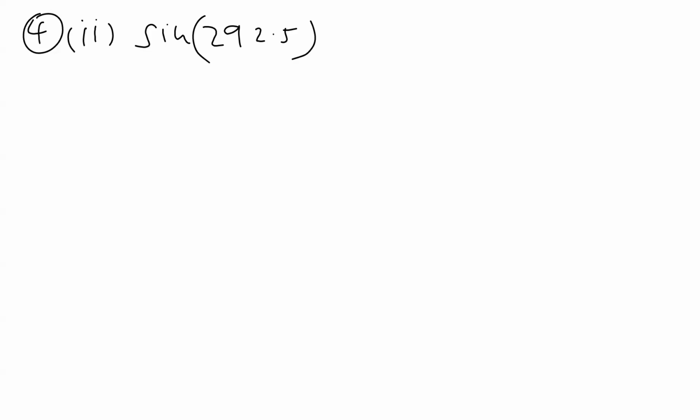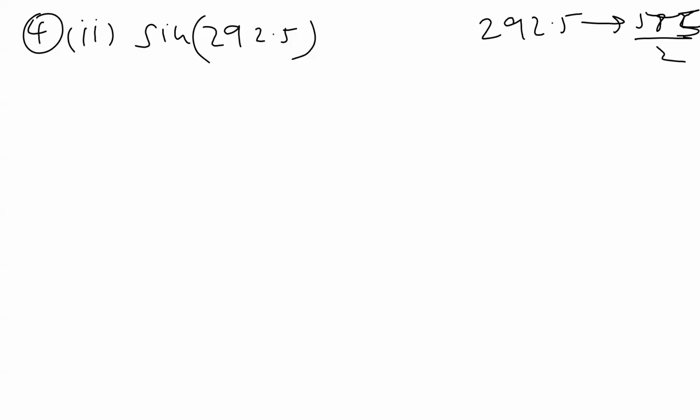So 292.5 into 2, that is 585. So this is the half of 585. So when you divide 585 by 2, it will give you 292.5.